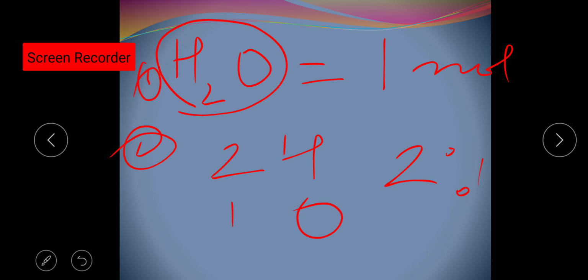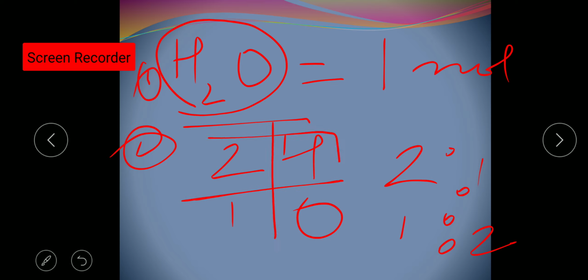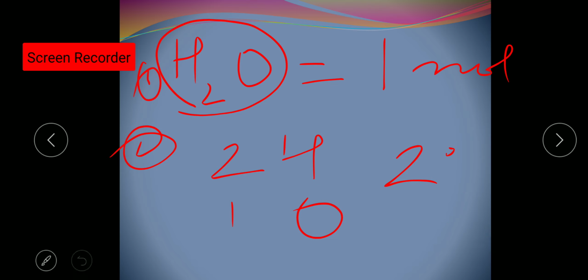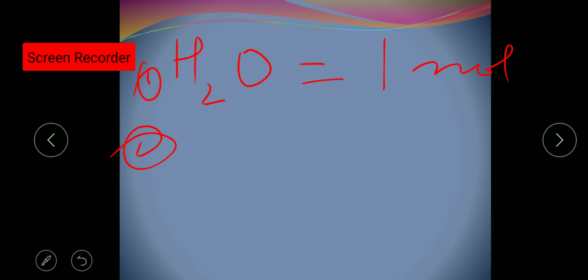If anyone asks you what is the ratio of oxygen to hydrogen in water, then it will be 1:2. So by observing the molecular formula, we come to know the ratio of the atoms of the respective elements in a given compound. And by molecular formula only, we are able to get the molecular mass of the compound.